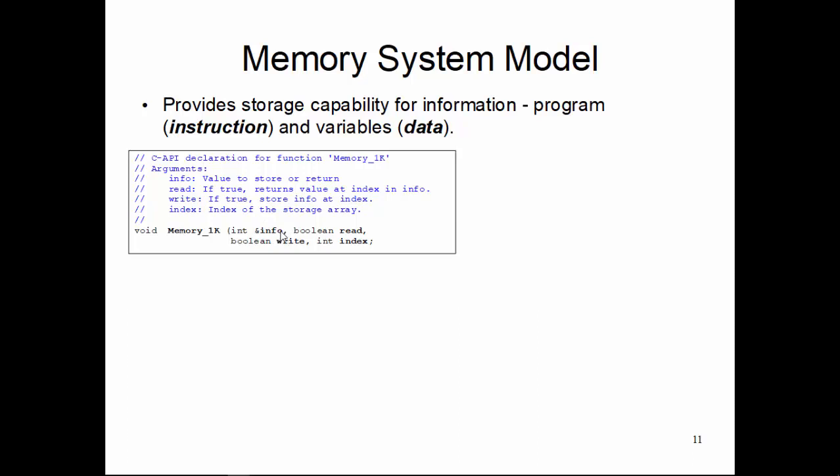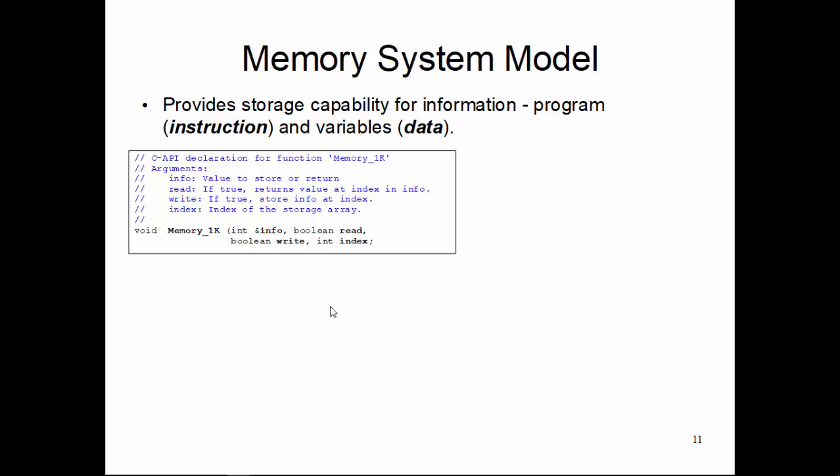Now if it is a write, meaning your read flag is false, write flag is true, at the specific index, whatever value is in this info variable, it will write back inside the memory. That's the memory as an API conceptually.